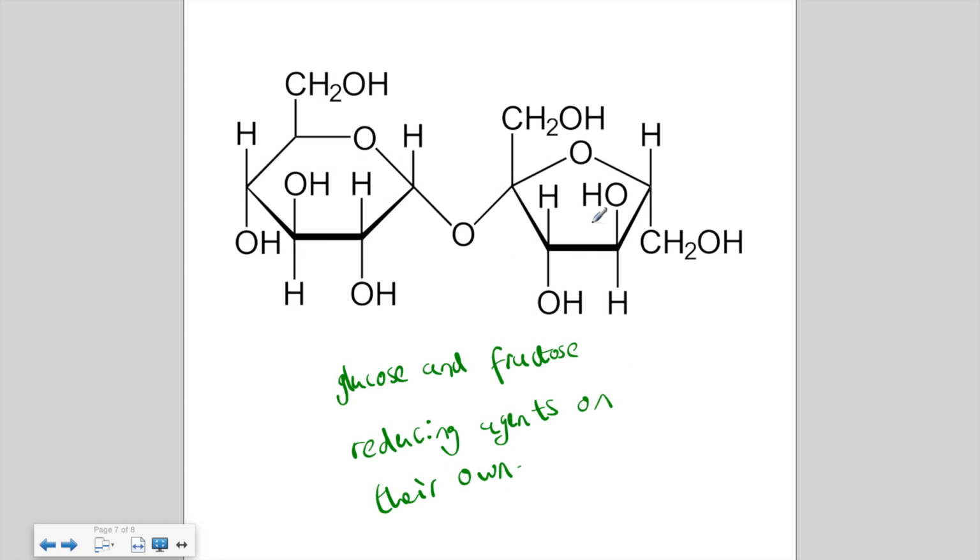So what we need to do to prove that we've got a reducing sugar in sucrose is split this link and then retest. If we split the link and retest, we know that the disaccharide, the sucrose, is in fact made up of 2 reducing sugars. So we can call it a non-reducing sugar, because in its normal state, before we do anything to it, it isn't reducing. But once we've split it, we then get reducing sugars as a result.